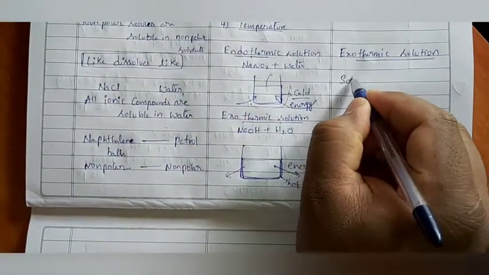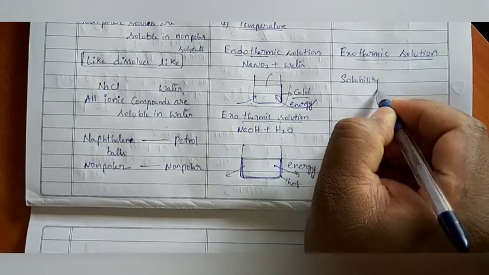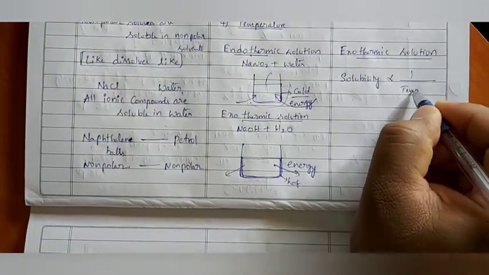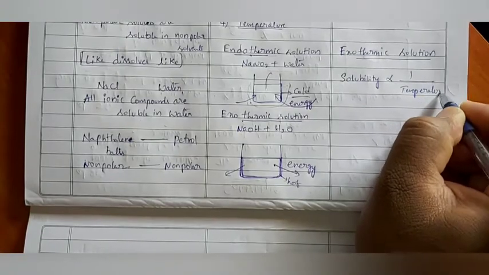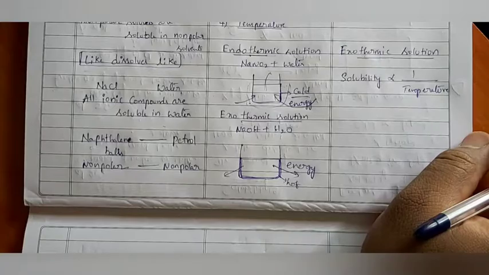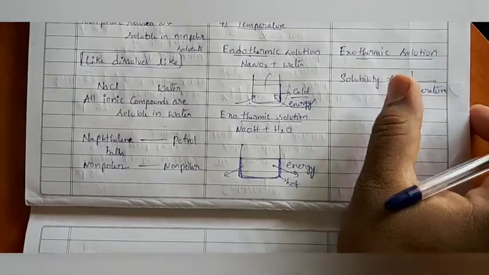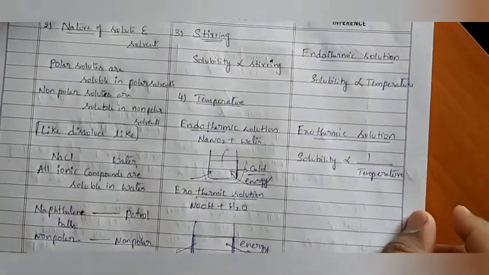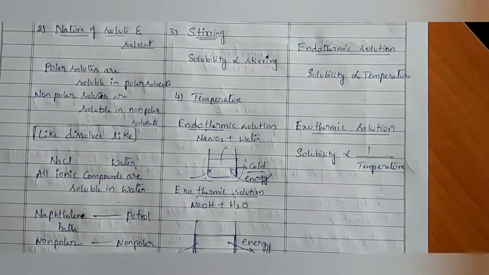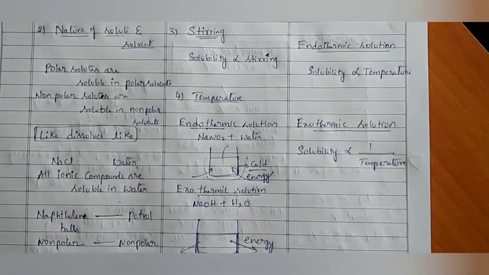So here the relation is solubility is inversely proportional to temperature. That is for exothermic solution, and the earlier one is for endothermic solution. So depending on the solution, we will discuss the temperature effect.